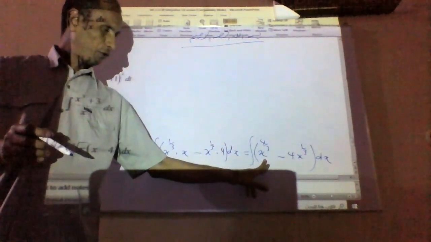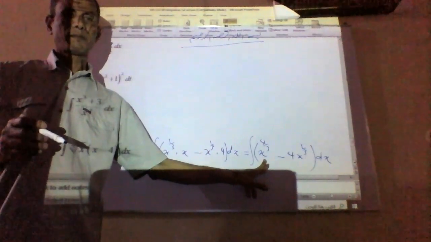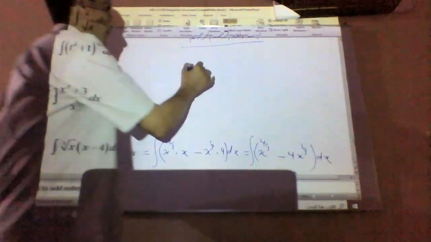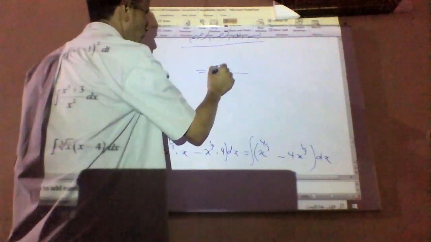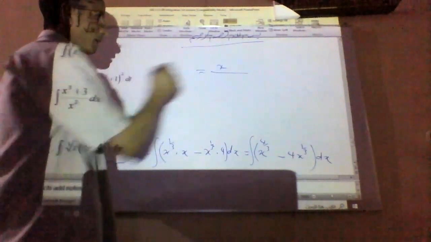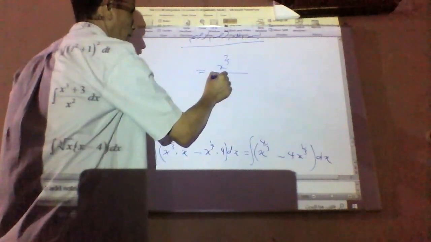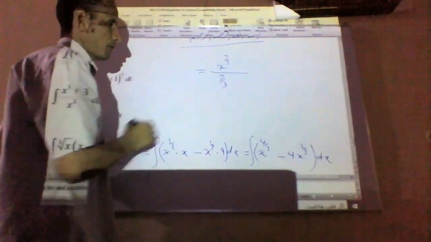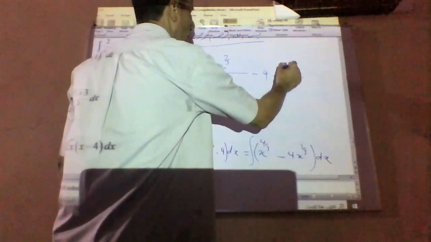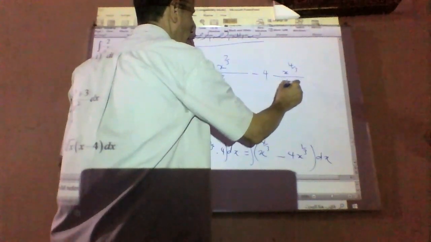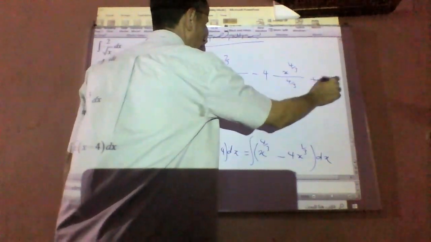X power 4 over 3. We can complete here. It will be x power 7 over 3 divided by 7 over 3, minus 4 as it is, x power 1 over 3 will be x power 4 over 3 divided by 4 over 3, plus constant.